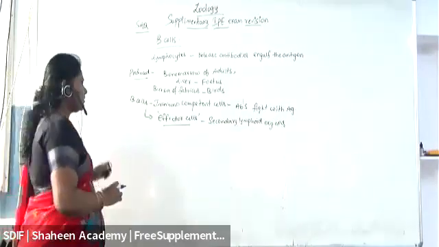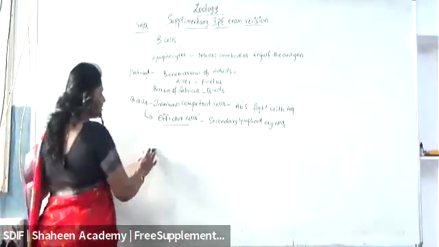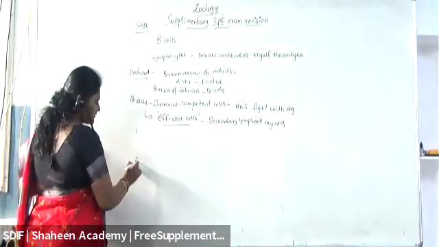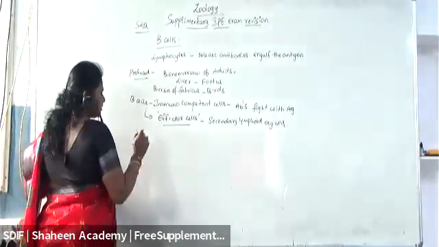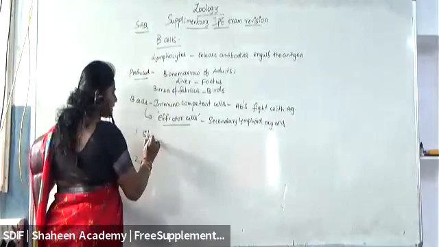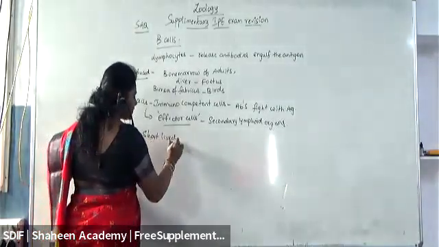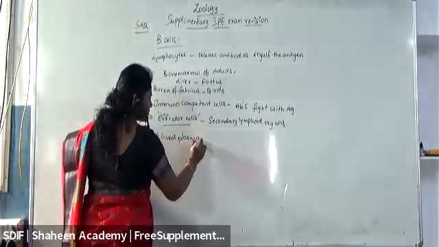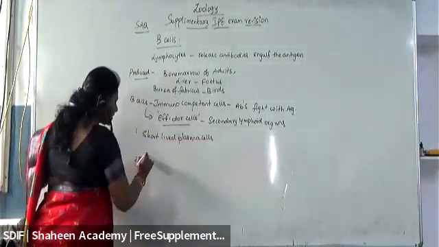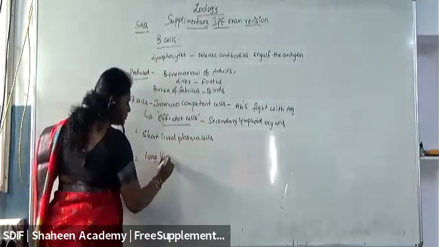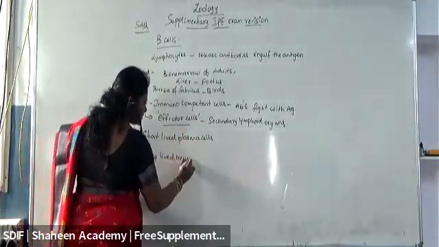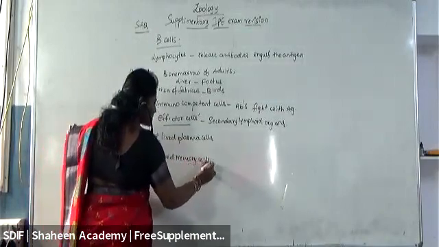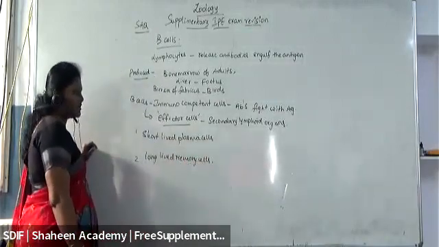When they act as effector cells, they do so in two ways. One is short-lived plasma cells, and the other is long-lived memory cells.